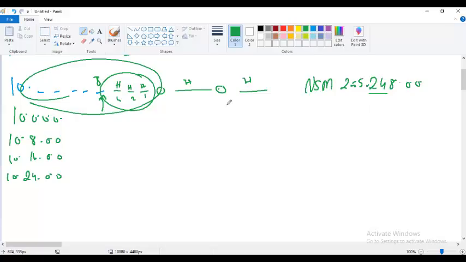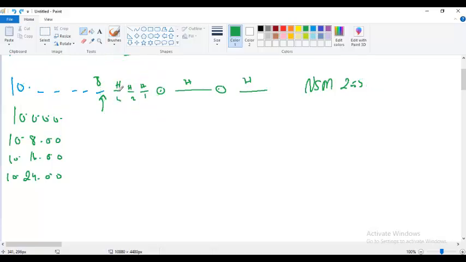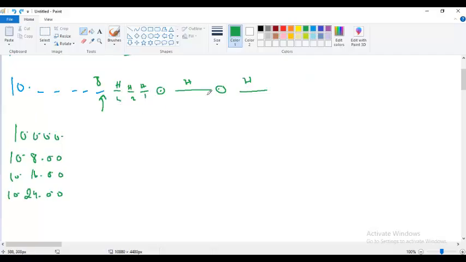How do you get 248? You calculate it by adding the given bits. When you add those 5 bits, the value that you get is 248.